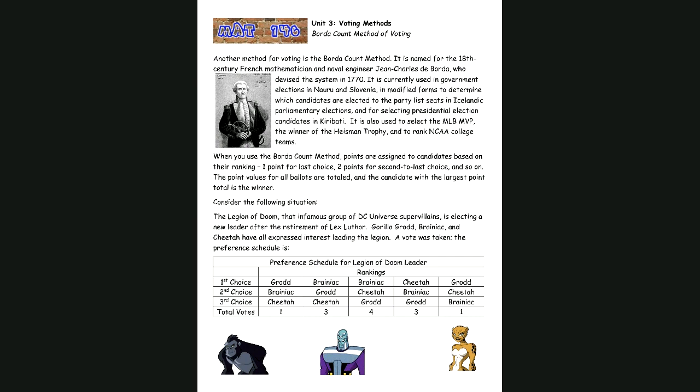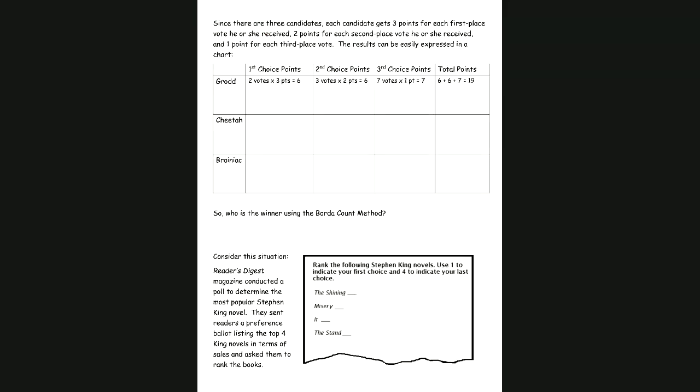So when I go back to my chart, I'm going to say Cheetah got 3 votes, so I'm going to multiply that by 3 points. So 3 votes, 3 points. That equals 9. So the total points, I'm going to start with 9.